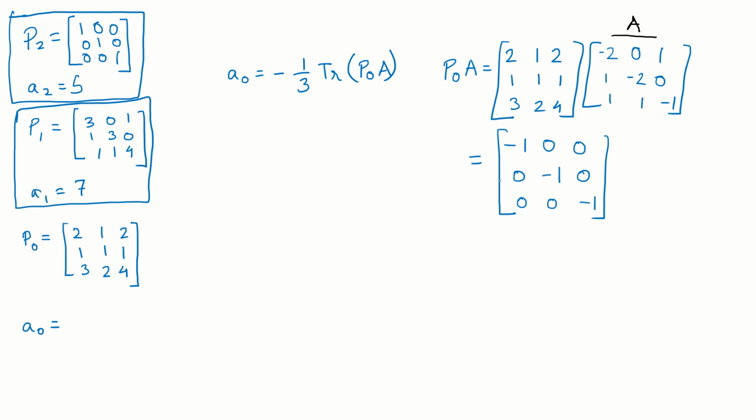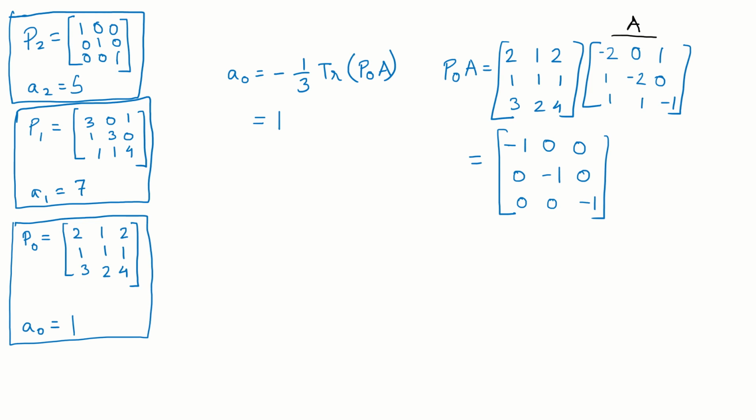So P0A is this. So what is A0? Its trace is minus 1 minus 1 minus 1 minus 3. So trace A0 becomes 1. So A0 is 1 here. So this is the other set we obtained.